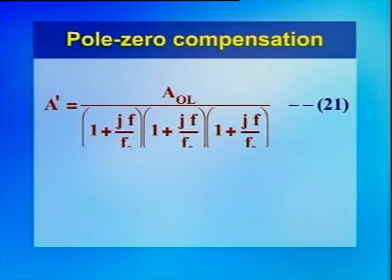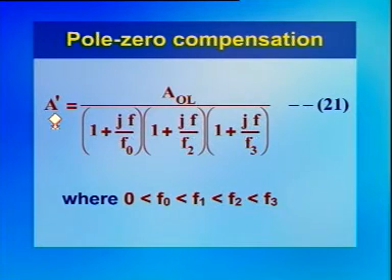Now the simplified expression of A prime is AOL by 1 plus jf by f0 into 1 plus jf by f2 into 1 plus jf by f3. In the above equation, the frequencies are related as 0 less than f0 less than f1 less than f2 less than f3.